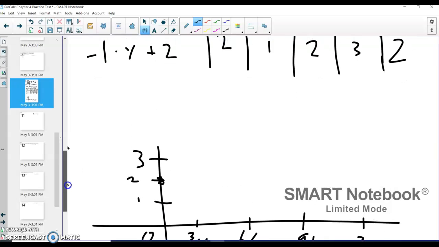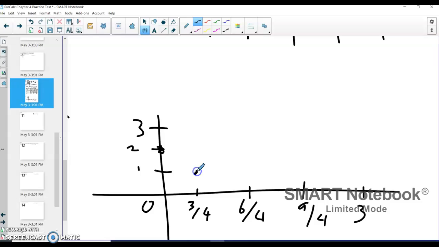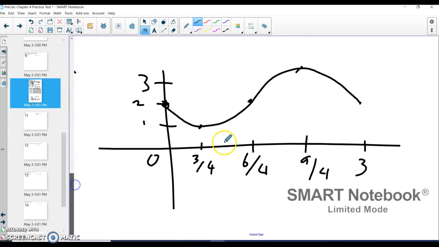Then I go over 3/4, and I'm at 1. That one's kind of a badly plotted point, but I get my sine function here that has been shifted, and it's really been reflected as well. We have this period change, even though the graph doesn't reflect that as much as it could. That would be my graphed function here.